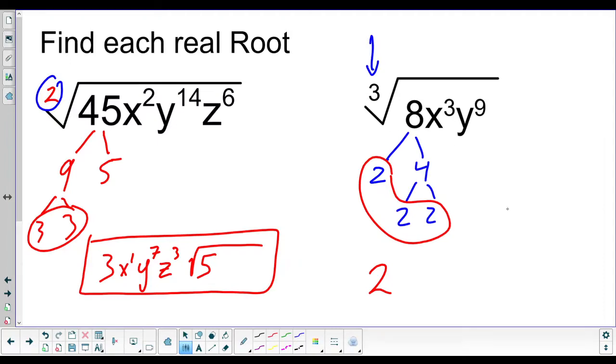So nothing is left inside, the 2 comes outside the radical. Then the division property for variables with exponents still works. So 3 goes into 3 1 time. 3 goes into 9 3 times. There are no remainders, so the radical is empty and we don't need to put it. So our answer is 2xy to the third.